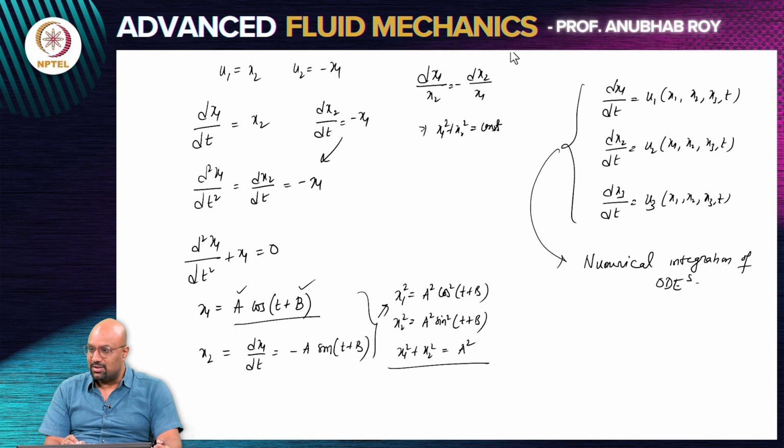You obtain your velocity field, either from a simulation or from experiments, or even in some cases the velocity field is analytically known, but the path line calculation would be numerical in nature. So, this is the general approach of what you do for path line calculation.